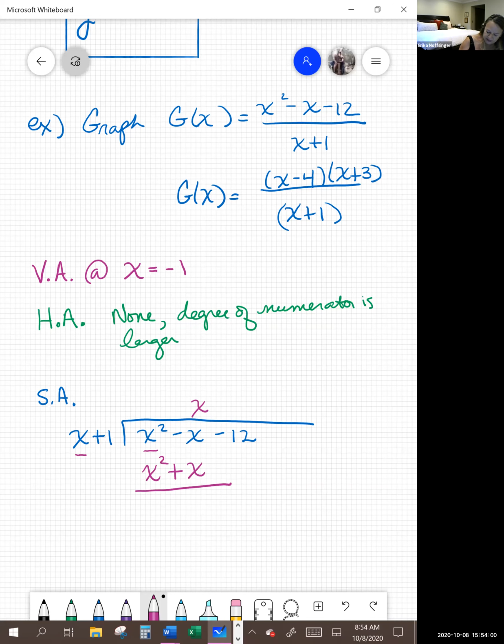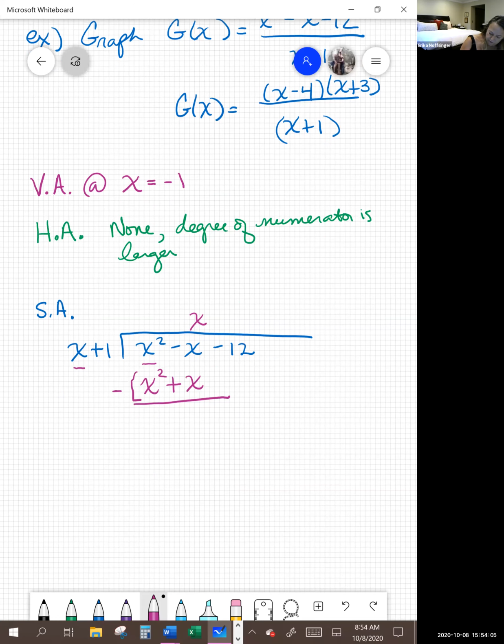We're going to subtract it off. So x squared minus x squared cancels. This is a negative x. This will be a minus x. So that's a negative 2x. And then bring down our minus 12.